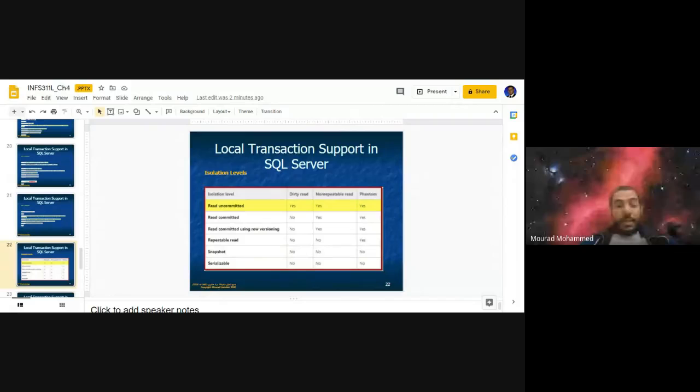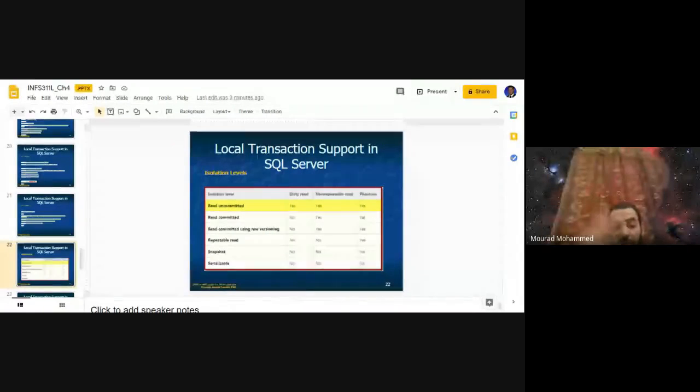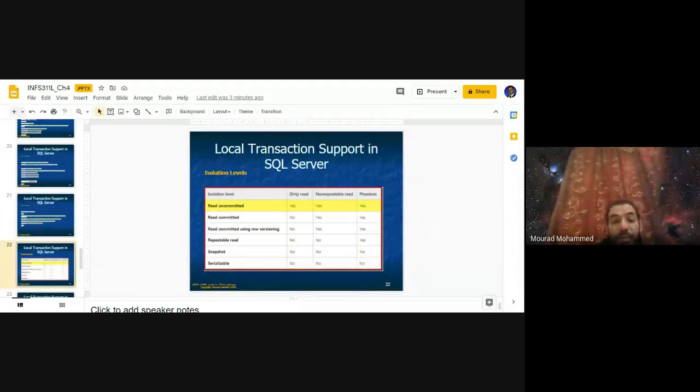In the example of the university system, now every one of us is available across the world, across the globe, and all of us are able to access the system at the same time.